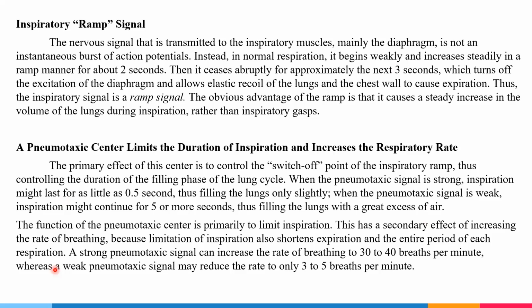If the overall inspiration and expiration cycle is shorter, then more of these cycles can occur within a minute, and hence our breathing rate increases. A strong pneumotaxic signal can increase the rate of breathing to 30 to 40 breaths per minute, whereas a weak pneumotaxic signal may reduce the rate to only 3 to 5 breaths per minute.